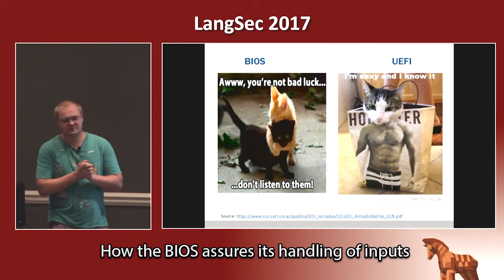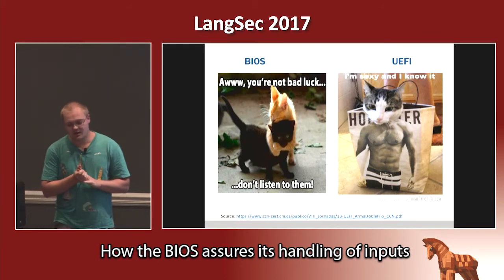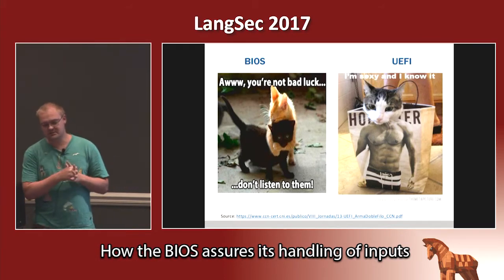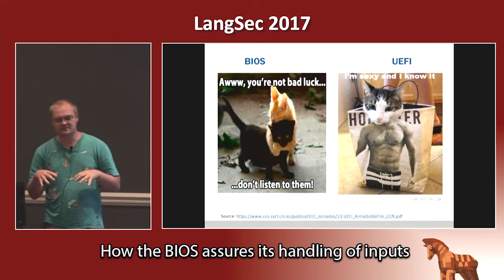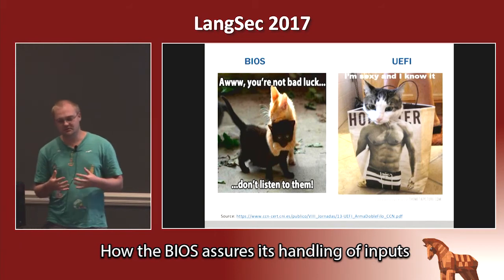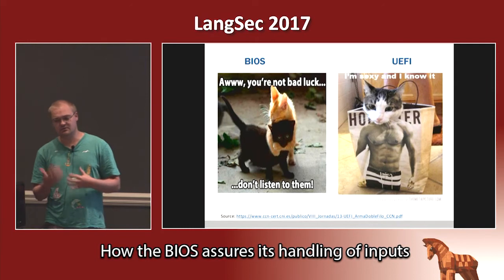So what is the difference between BIOS and UEFI? Legacy BIOS was implemented without any standards. It was implemented in assembler, through the IDT table, through the handlers of the IDT table.